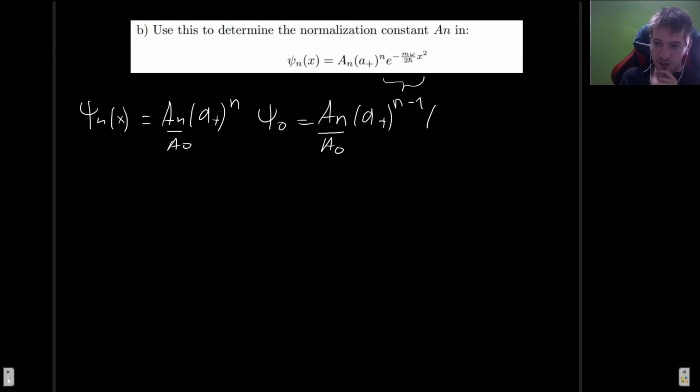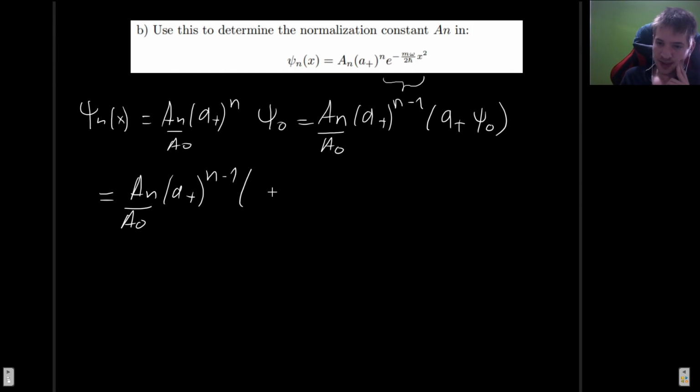Okay, because one of them is now here. So when this a plus acts on psi 0, it gives us the first excited state. Okay, so it gives us psi 1, but remember, this is not properly normalized. We have to put here n.